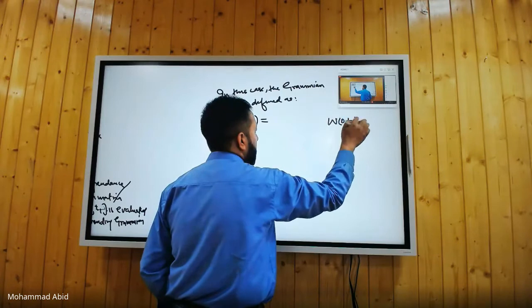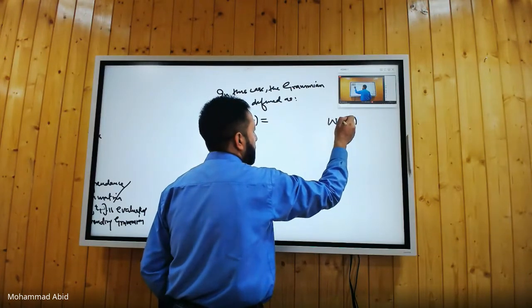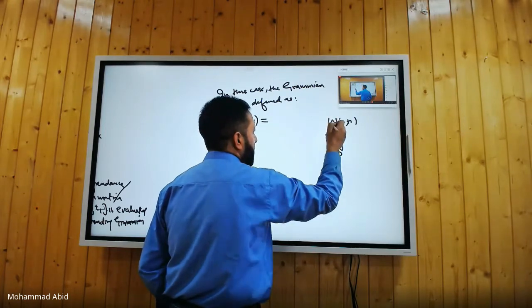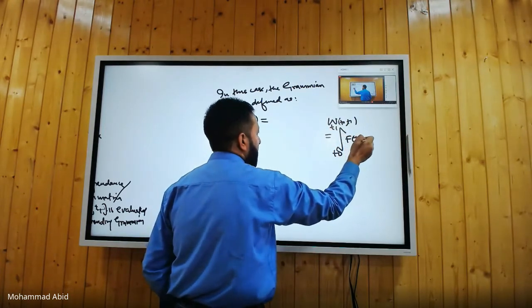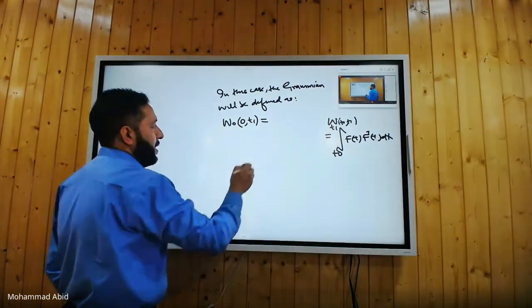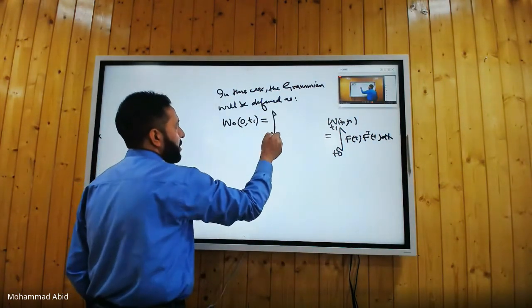W(t0, t1) कैसे डिफाइन करेंगे नॉर्मली हम? We define that as integral of t0 to t1 F(t) F transpose(t) dt. तो यहाँ पे जो आपका F(t) है, यहाँ पे इंटरवल डिफाइंड है 0 to t1.